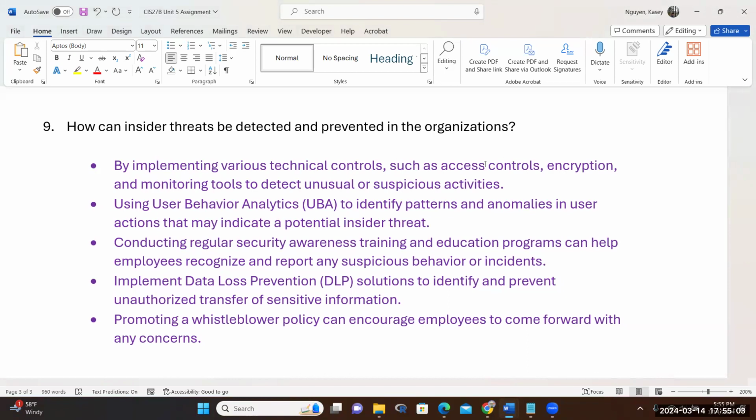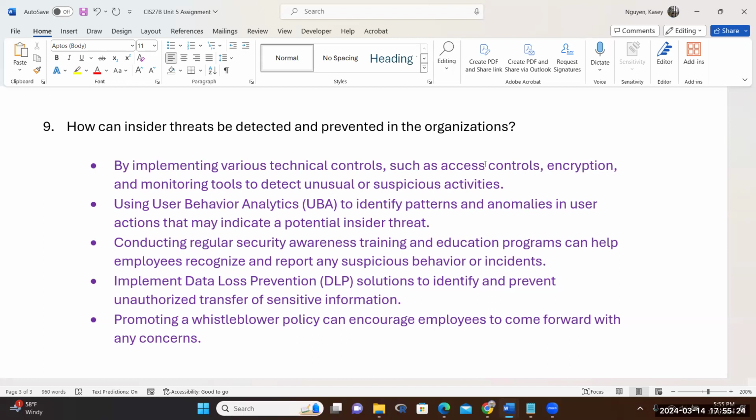And then data loss prevention. When you see this, you might think, oh, maybe I just back up data and call it a day, right? But it also entails looking at unauthorized transfer of sensitive information, meaning how they can extract the data.